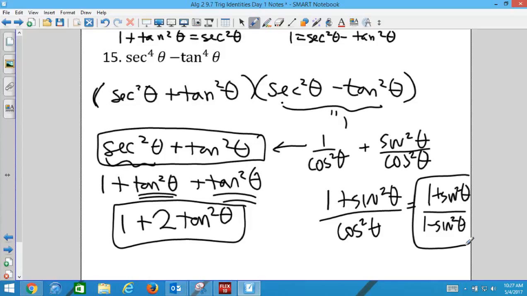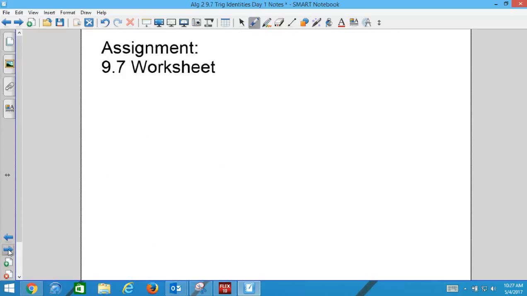Okay. All right, so the assignment is to finish this worksheet, but I'm going to tell you right now, there are a few challenging ones on it. And I'm going to ask you to kind of separate yourself. If you are going to pre-calc next year, you should be attempting to get the questions that I'm writing up on the board.